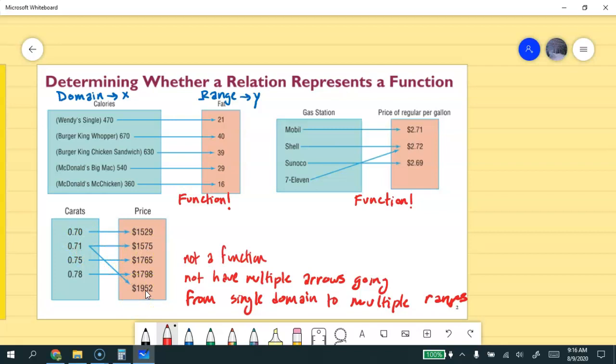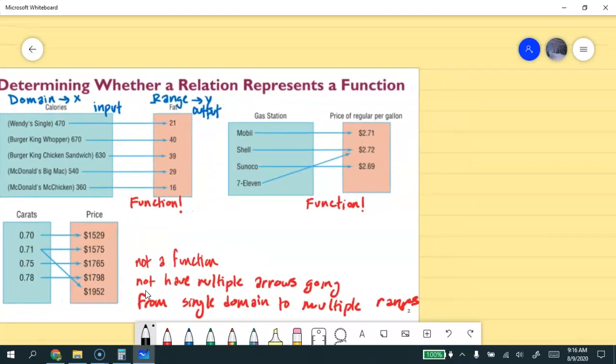Now, one more labeling technique that we use is we call these inputs. The domain is often known as the input, and the range is often known as the output. So input and output. You just learned 3 different words for the same exact thing.